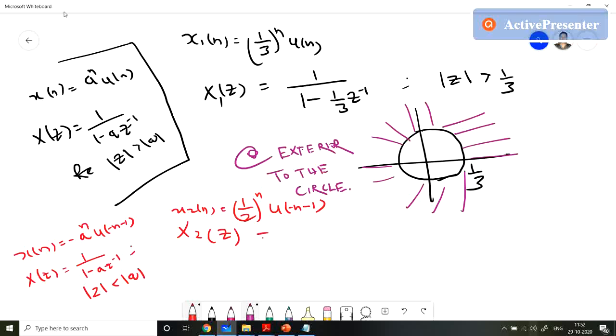So X2(z) is minus 1 divided by 1 minus (1/2) z^-1, where we take the minus sign because it is not there in the signal, and the ROC is |z| less than 1/2.